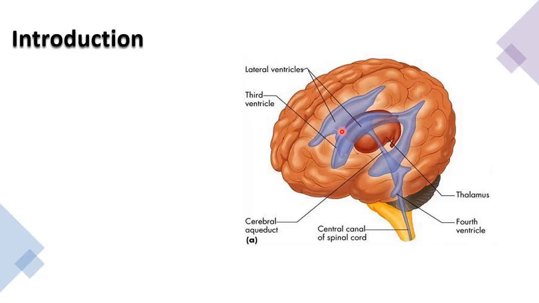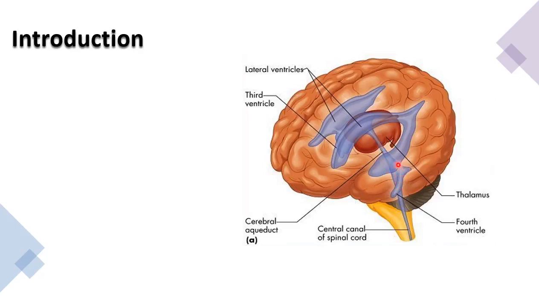The third ventricle communicates with the lateral ventricle through the interventricular foramen. Posteriorly, the third ventricle continues as the narrow cerebral aqueduct, or aqueduct of Sylvius, which is the cavity of the midbrain. Then you see this dilated part as the fourth ventricle, which is the cavity of the rhombencephalon.